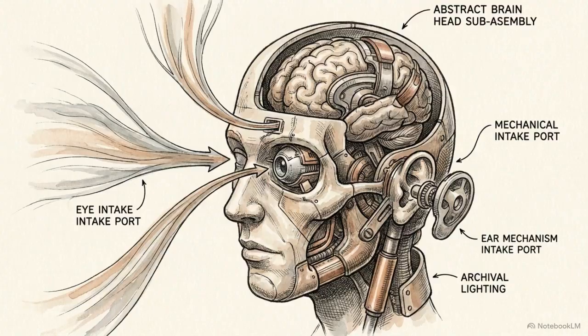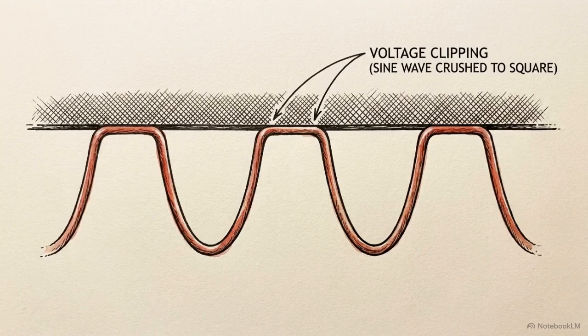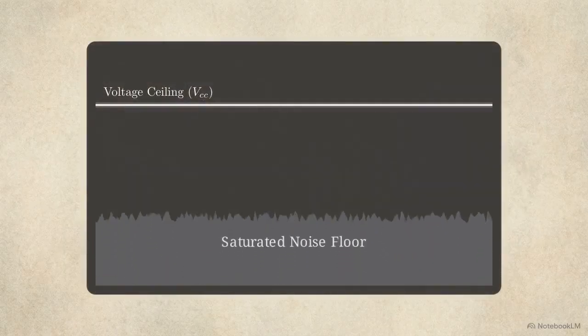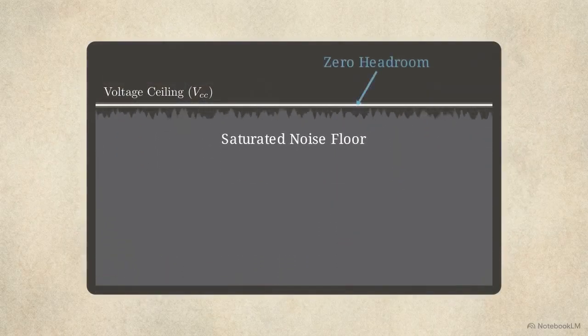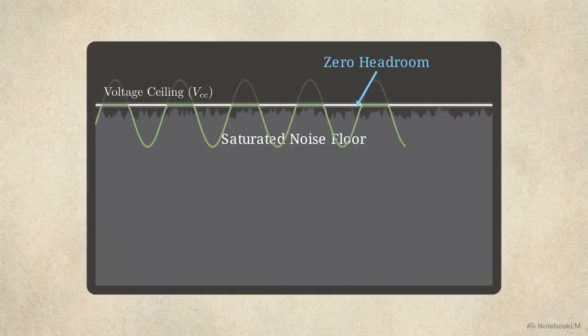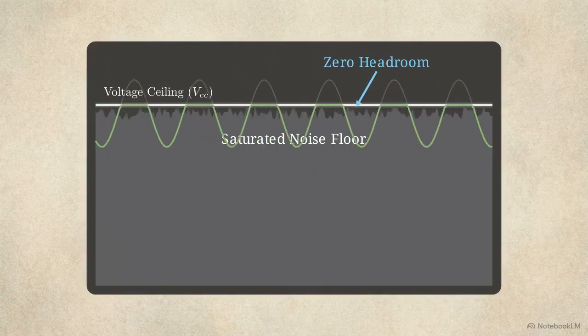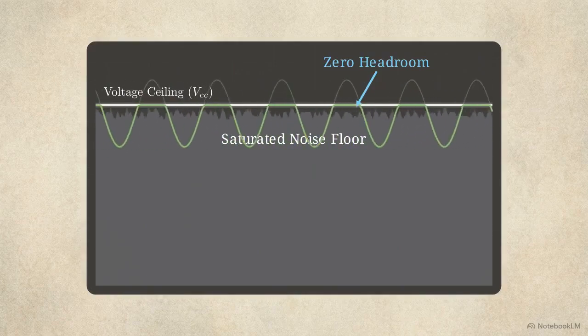We can observe exactly how this baseline hardware state corrupts incoming real-time sensory data from the environment. In electrical engineering, this is known as voltage clipping. Because the brain's internal noise floor is already saturated at the maximum voltage ceiling, incoming environmental signals have zero voltage headroom to operate within.